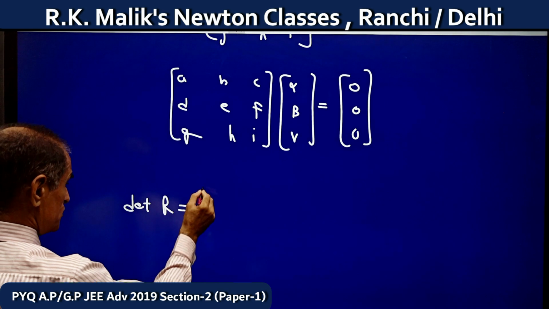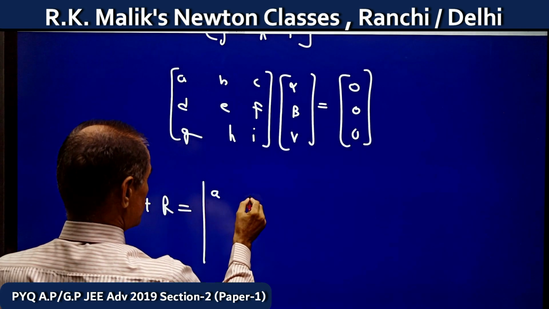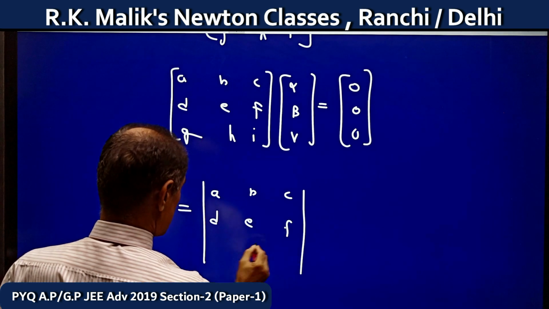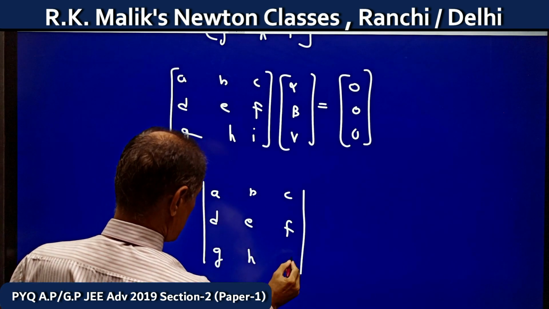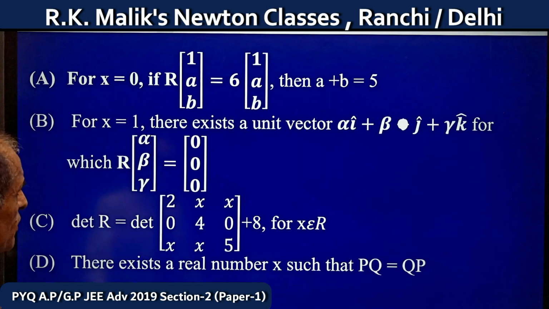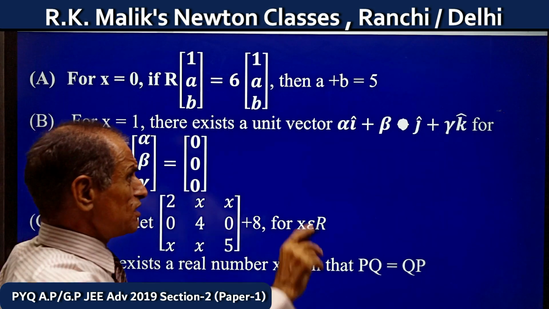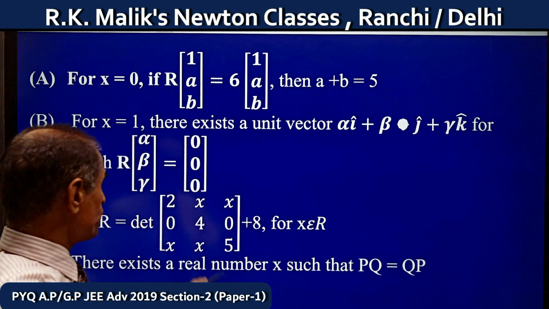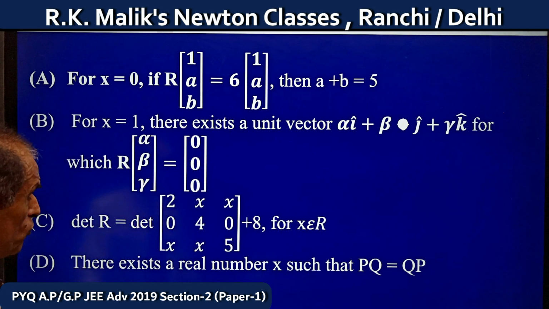We will be able to find at least one non-zero value of alpha, beta, gamma if determinant of R is 0. That is, at least one non-zero value of alpha, beta, gamma is possible only if determinant of R is 0.